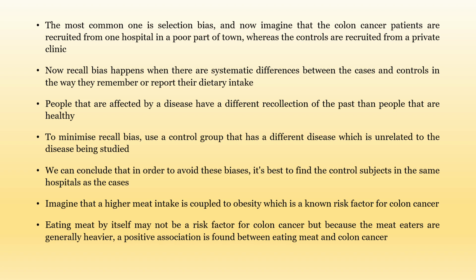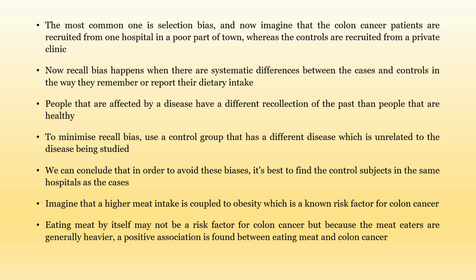Putting these together, we can conclude that in order to avoid these biases, it's best to find the control subjects in the same hospital as the cases and make sure they have a similar social background. A case control study can also be the victim of something we call confounding. Let's return to the above example where we found that colon cancer patients report a higher meat intake compared to the controls.